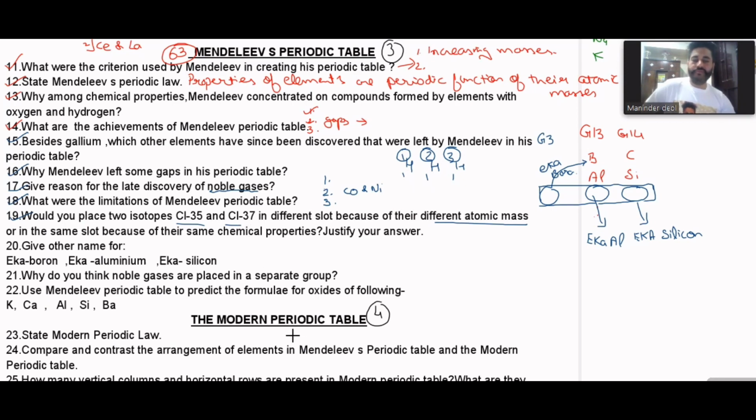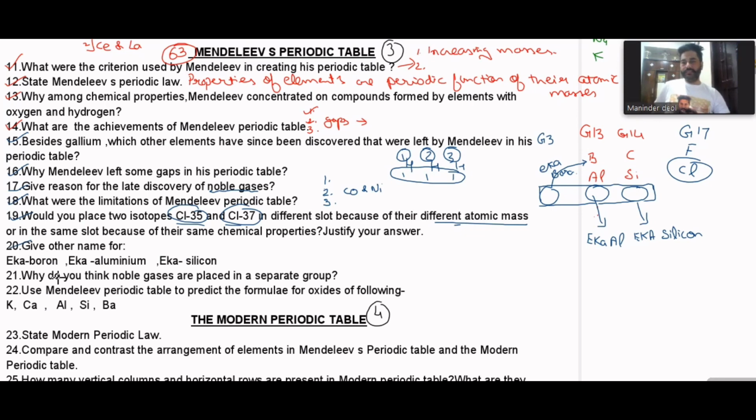That is how the modern periodic table has removed anomalies of the Mendeleev periodic table. All isotopes have the same atomic number, like hydrogen with 1, so it should get one position. Both isotopes are of chlorine, so chlorine will be placed in one slot only, because of the same valency. In group number 17 chlorine is placed, so one position only.